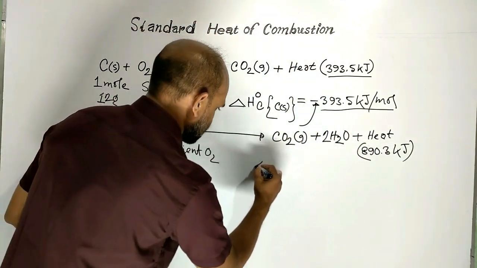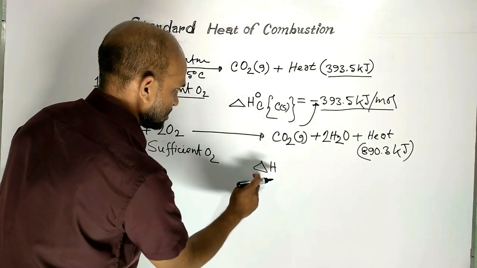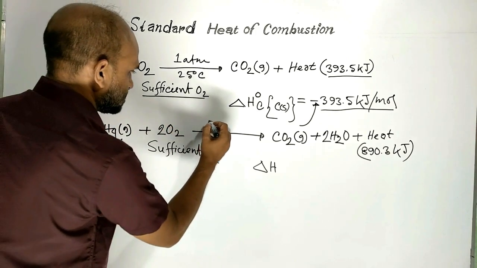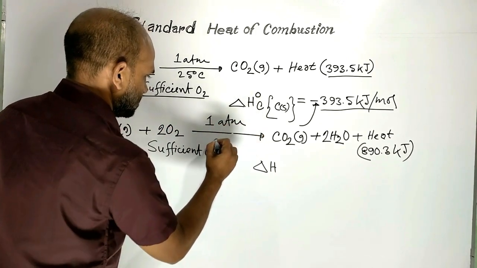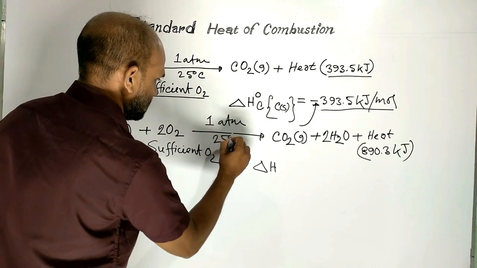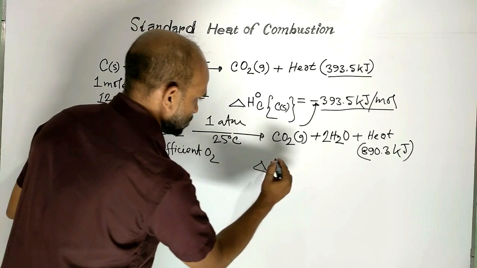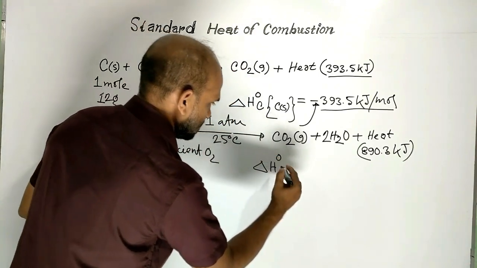Heat of combustion is denoted by delta H, but when this reaction is conducted at standard condition, then heat of combustion is denoted by delta H naught.